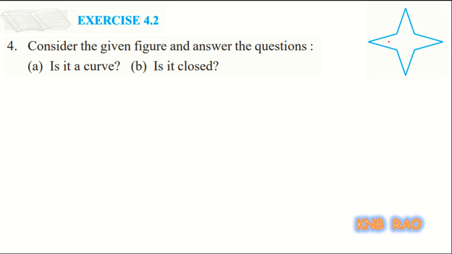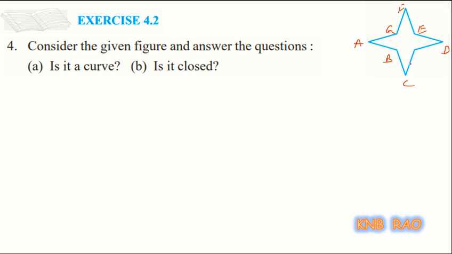Yes, it is a curve made up of line segments, whereas it is made up of 1, 2, 3, 4, 5, 6, 7 vertices. That means definitely 7 sides would be there. 1, 2, 3, 4, 5, 6, 7, 8. 8 sides are there, whereas 7 vertices are there.